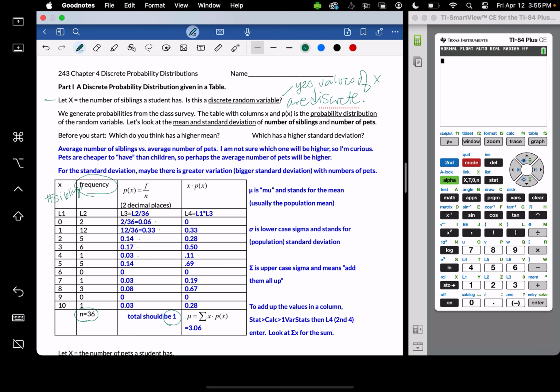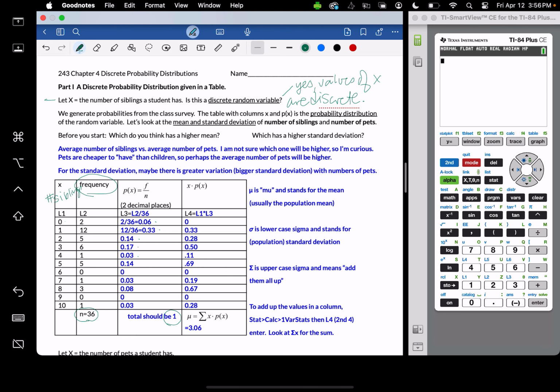Now, before you start, which do you think has a higher mean? Do you think the average number of siblings is higher, or is the average number of pets higher? I can't remember the answer, but thinking about it right now, in any random family, do you think there are more siblings, more kids, or more pets?